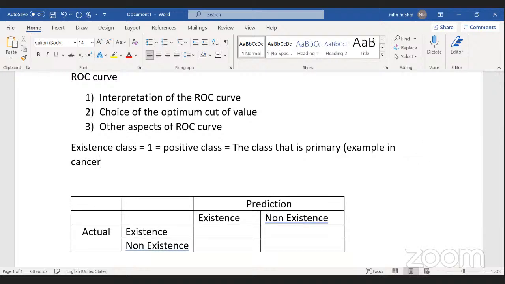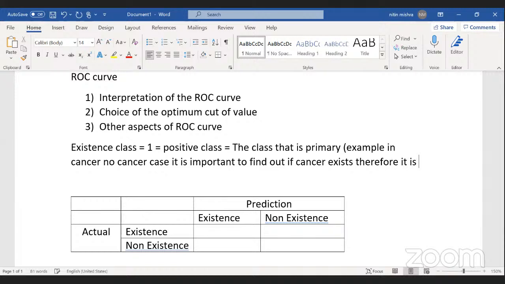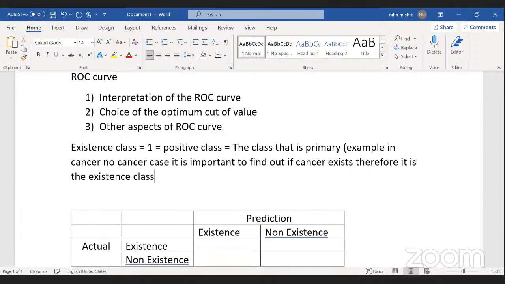In the cancer, no cancer case, it is important, in the employee churn, not churn case.